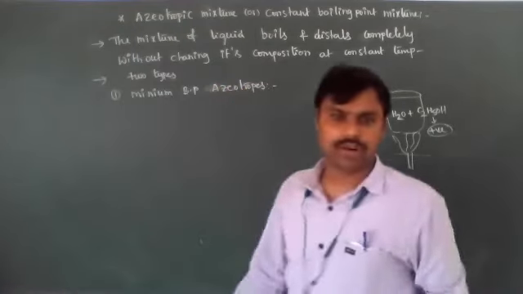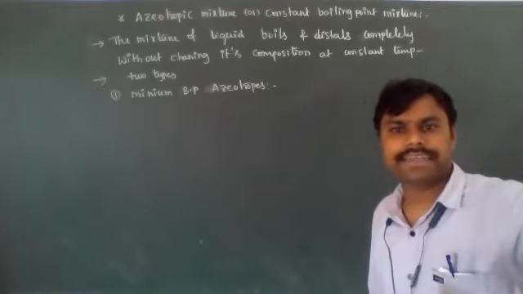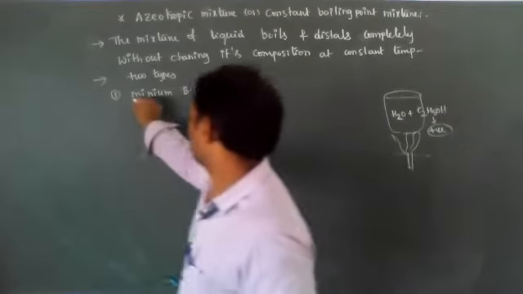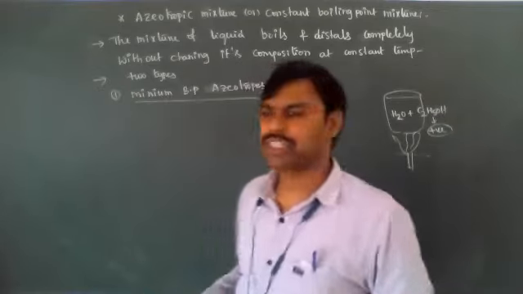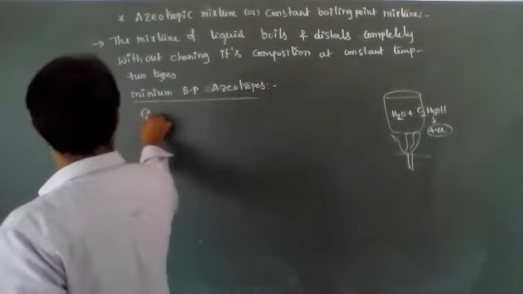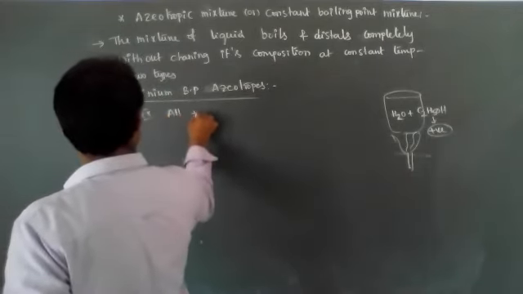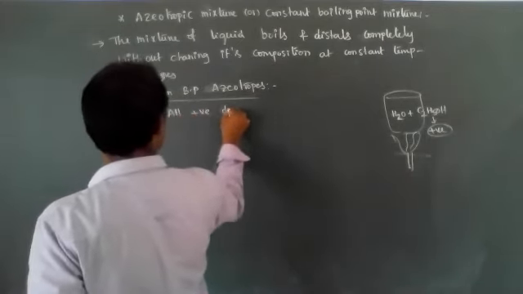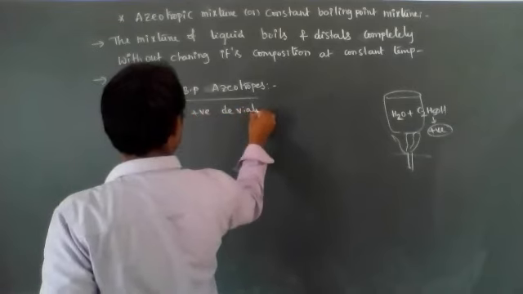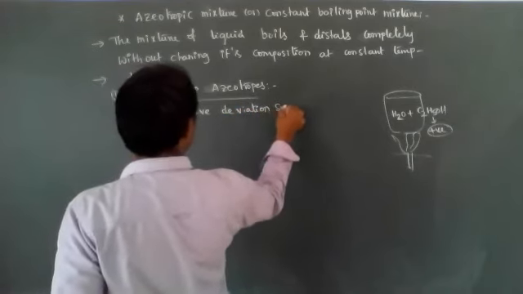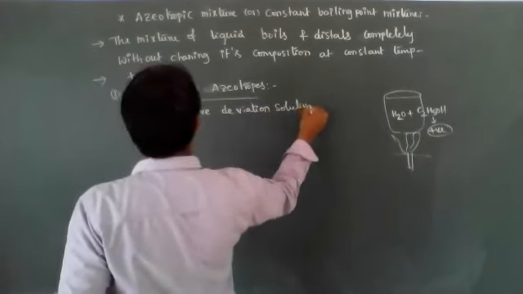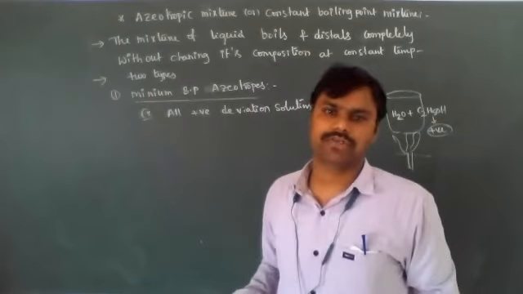Minimum boiling point azeotropes means the resultant boiling point decreases due to positive deviation. Examples: all positive deviation solutions show minimum boiling point azeotropic mixtures.